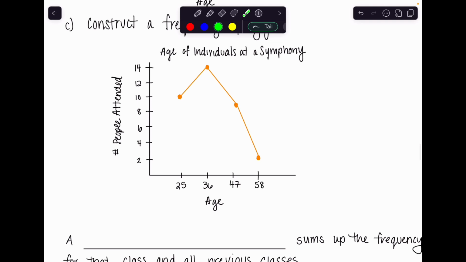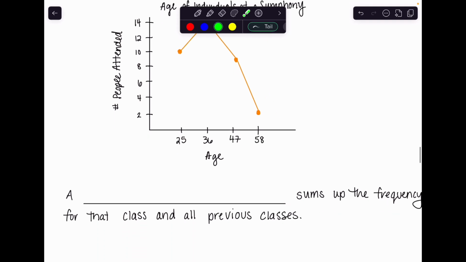The next thing we're going to talk about is a cumulative frequency distribution. A cumulative frequency distribution is similar to a frequency distribution, but if you think of the word cumulative, it just keeps adding and adding and adding.